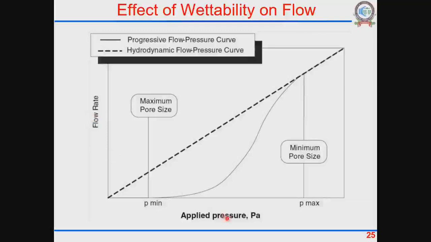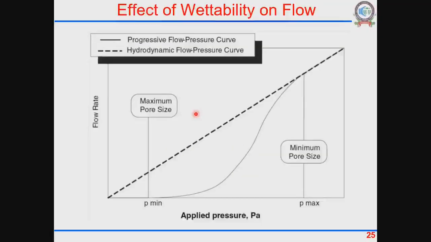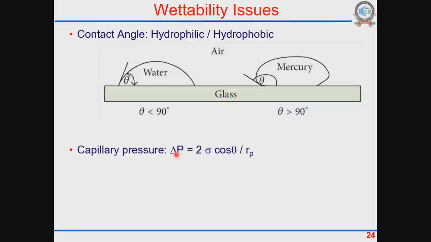Remember, flow rate, or flux, increasing linearly with pressure. It is the same expression that we are talking about here. The pressure at which flow just starts is called the breakthrough pressure. Breakthrough pressure has to be equal to capillary pressure.